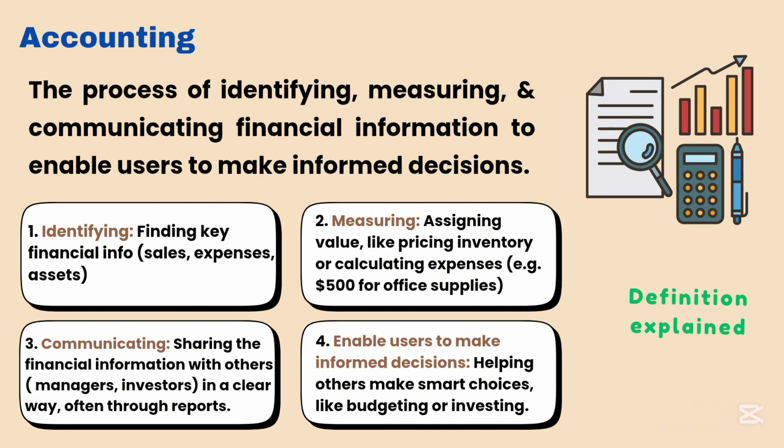Next, we measure these by assigning values such as pricing, inventory, or calculating costs. Then, we communicate this information clearly through reports for managers, investors, and other users. The goal is to help people make informed decisions, whether it's about budgeting, investing, or planning for the future.